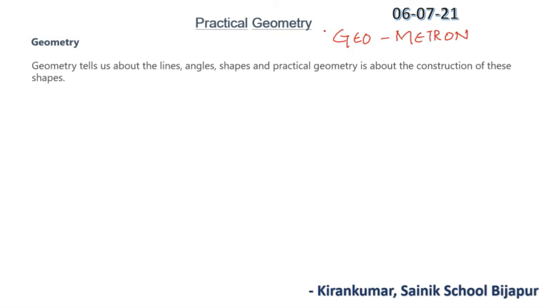So in ancient times, people were using the concepts related to geometry in construction and measurements. The word geometry is taken from Greek. We have got different lines and shapes, and we will see how to do the construction of these shapes.